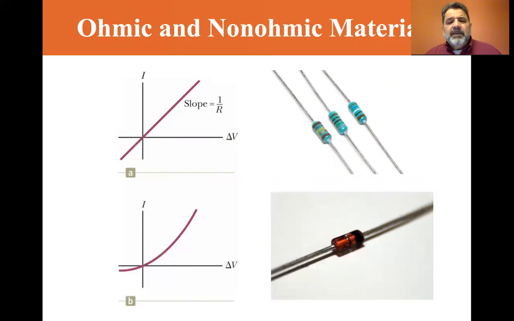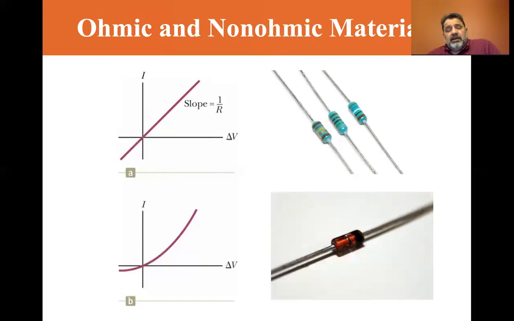The current divided by delta V gives you a slope of 1 over R, so it gives you a straight line. If you put delta V on the y-axis and current on the x-axis, you get R. Anyway, resistors have a linear relationship.